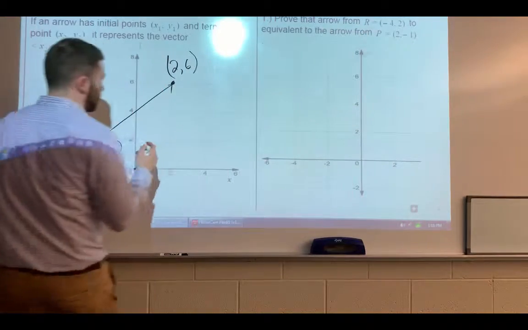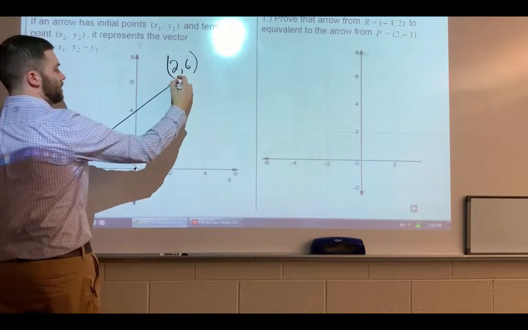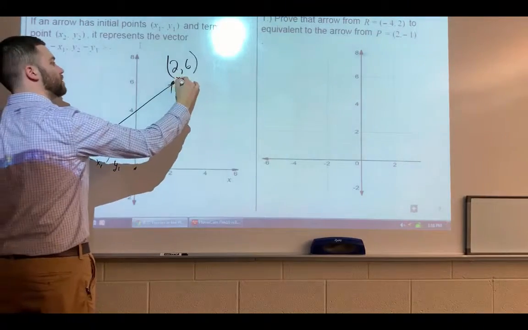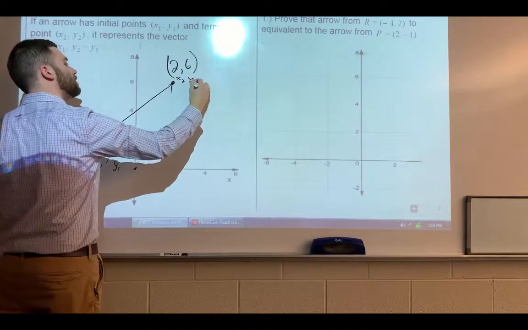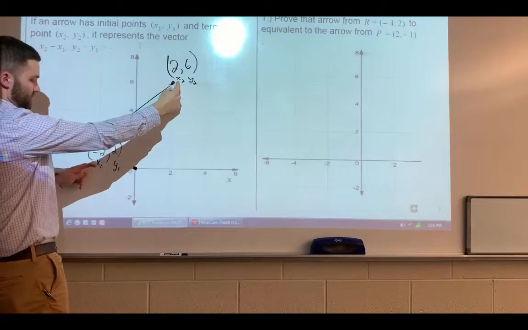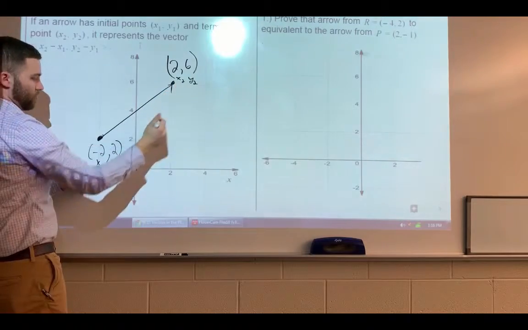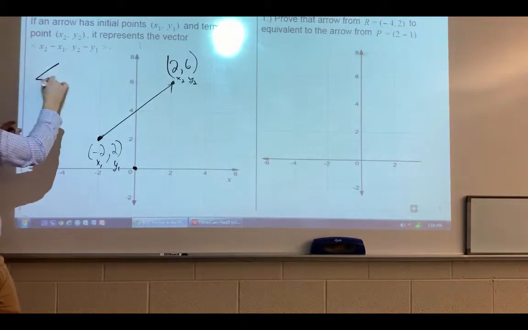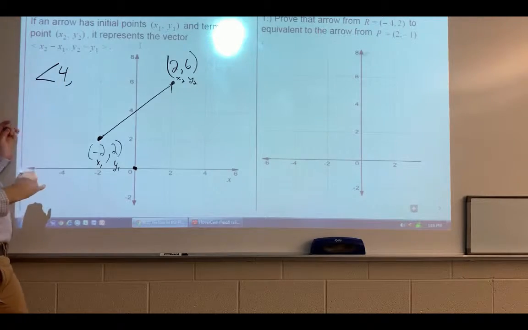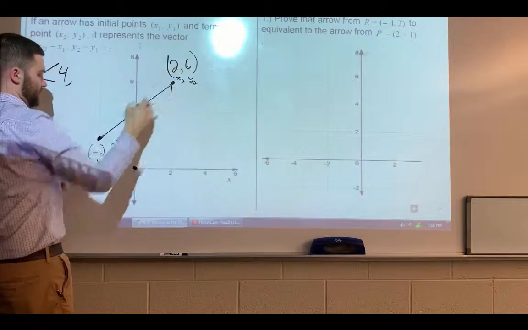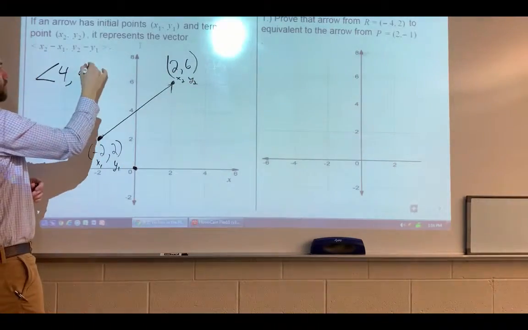So if we call this x1 and y1, we call this x2 and y2, then we can write this as, so let's see, x2 minus x1, that'd be 2 minus the -2, that'd be 4. So we'll write the vector as 4, comma, and then we'll take y2 minus y1, which is 6 minus 2, so 4, comma, 4.